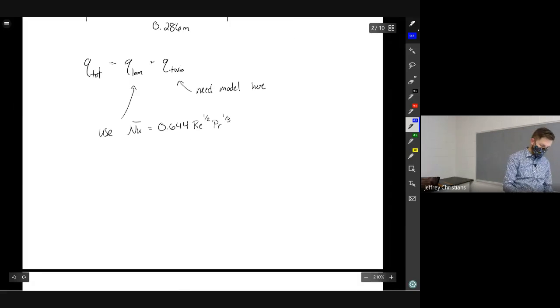When we looked at finding the average convection coefficient over the whole thing, we've looked at integrating the convection coefficient over the surface. So we're going to be doing the same thing. So this tells us the same model.